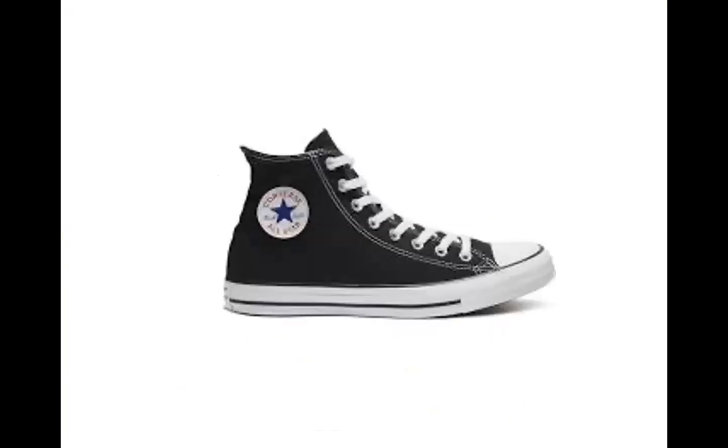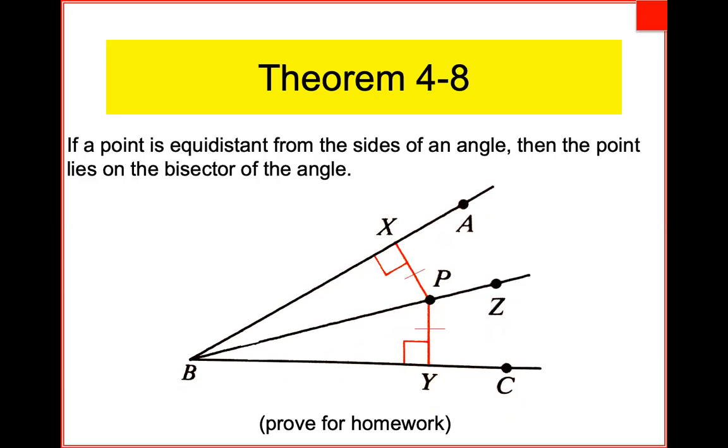All right, let's write down the converse. You will prove this one for homework. Hey, who can prove this right now? It says if PX is congruent to PY, why does it live on the angle bisector? We got a what?